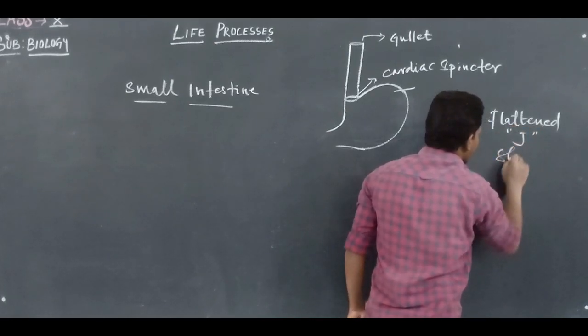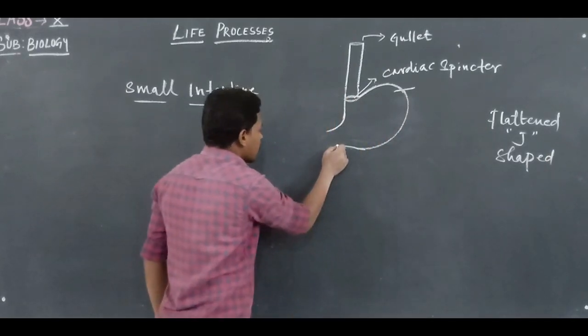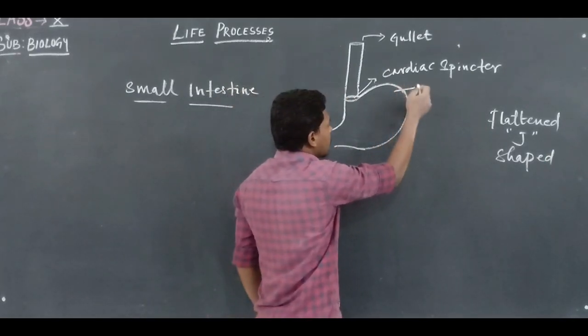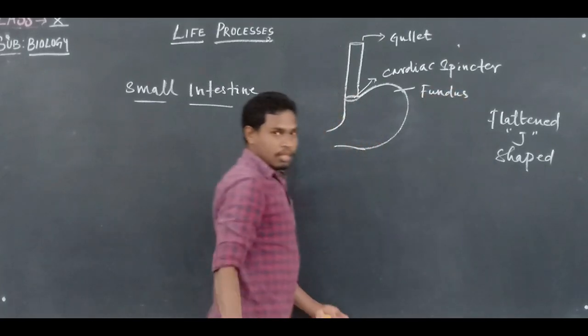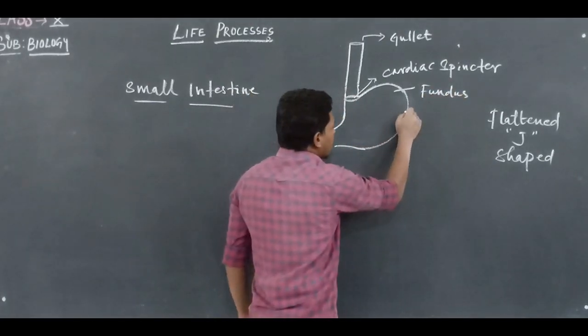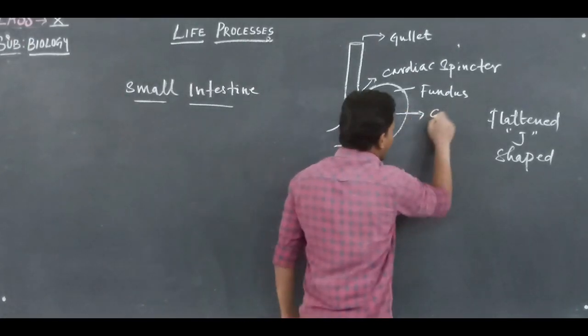Here you can see this part is known as fundus. The bulging part of the stomach is the fundus, and since it is towards the heart, we also call it cardiac.